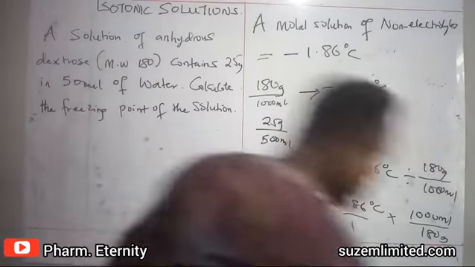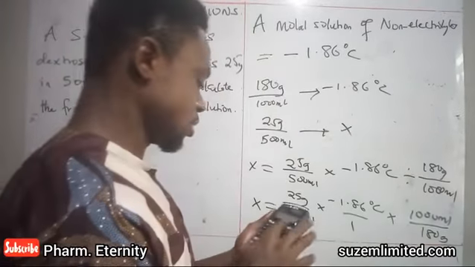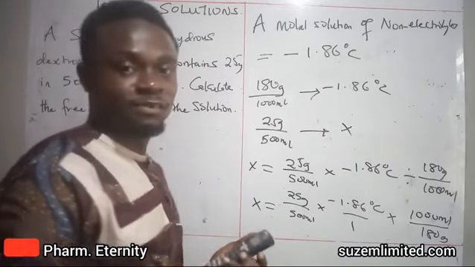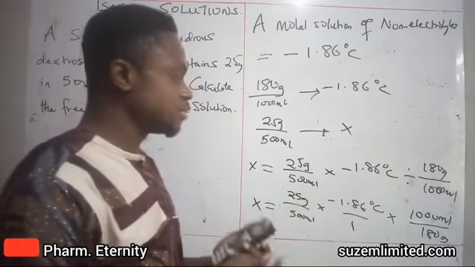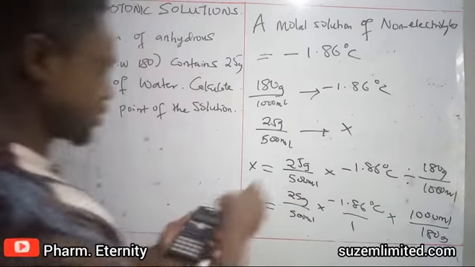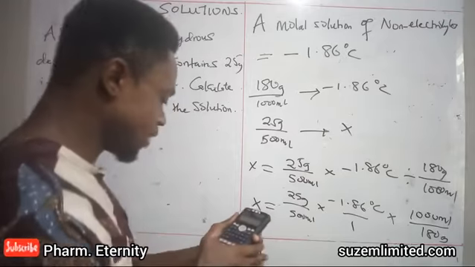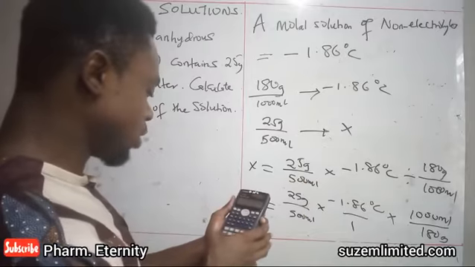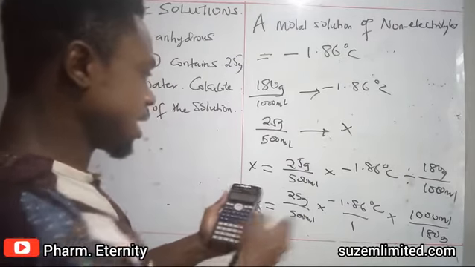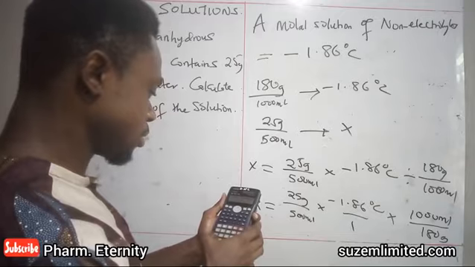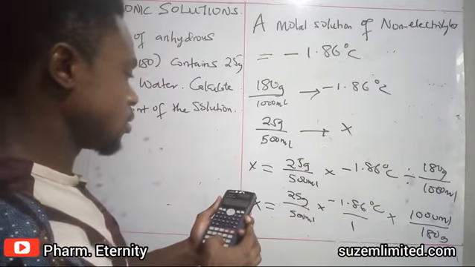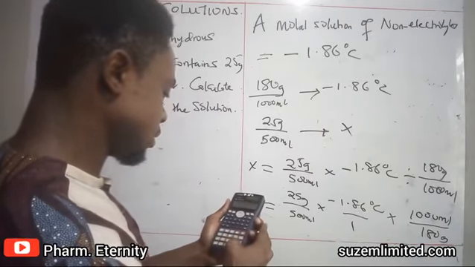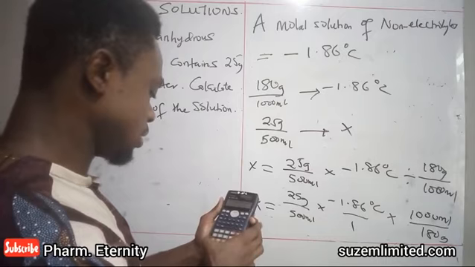At this point, to save time, I want to use a calculator. Solving by hand takes our time and makes the video long, so let me use this calculator to cut it short. We have 25 times minus 1.86 times 1000 ml, divided by 500, divided by 180.